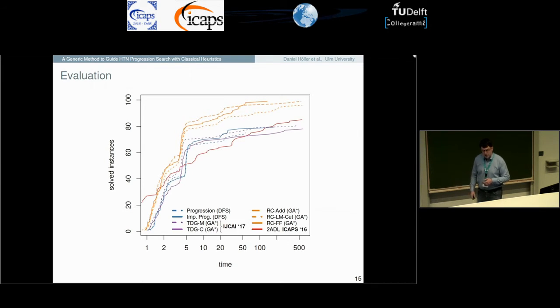If we compare it to planners from related work, I've included just 3 here, as there are more in the paper. And what we see here is the number of solved problems over the time. It's a log scale, please be aware of that. And we see that we are quite fast and also solve the most problems with our new approach.